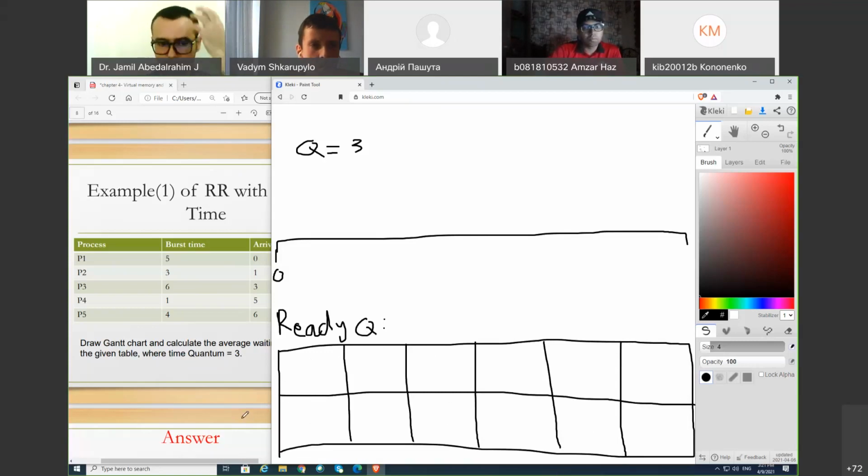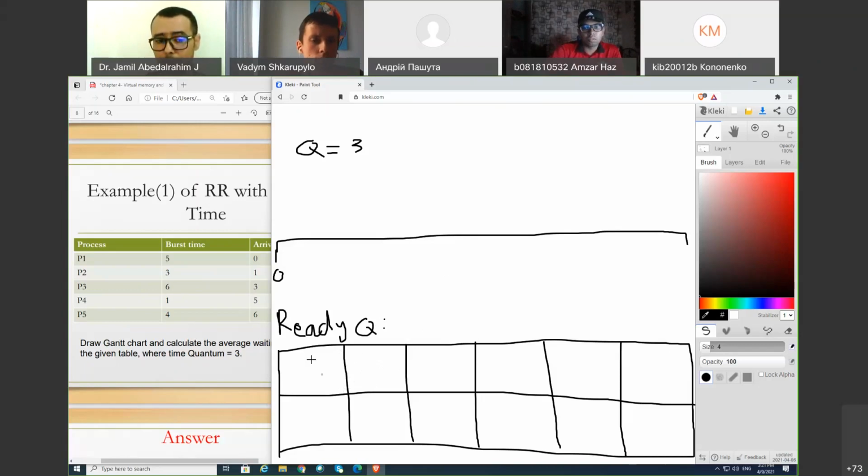What is the ready queue table? In this table, we can write down all the processes or tasks which are ready to enter the memory. I repeat, we write down all the processes or tasks which are ready to enter the memory. We need this table to avoid any confusion.